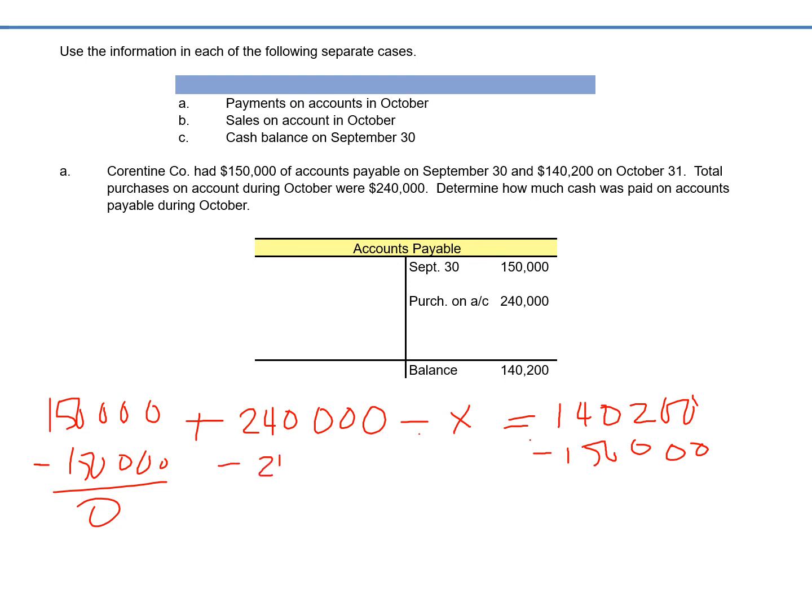If we subtract 240,000 from both sides of our equation, then we're left with 0 here, and what we have is X is equal to $249,800, right?